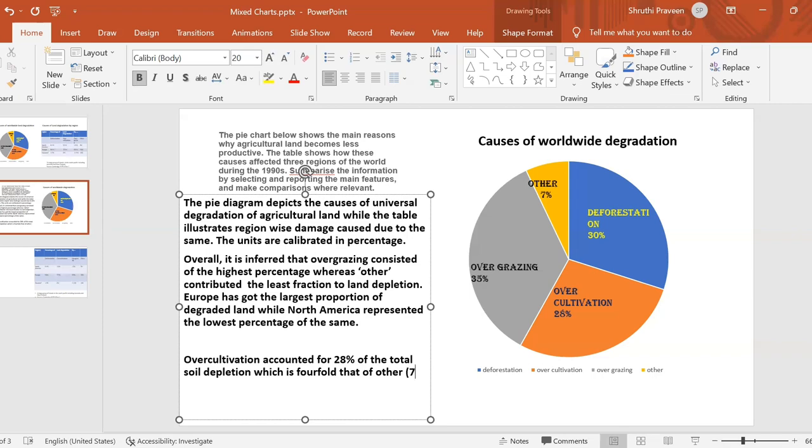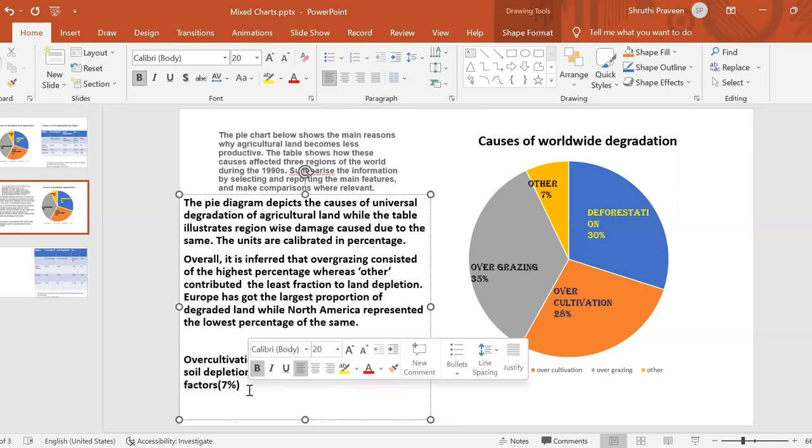That's 7%. Maybe I can write other factors or other reasons to make it more clear. Other factors. That's 7%. So 28% is 4-fold that of other factors, which are at 7%.